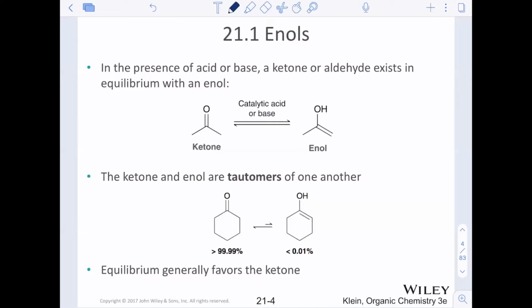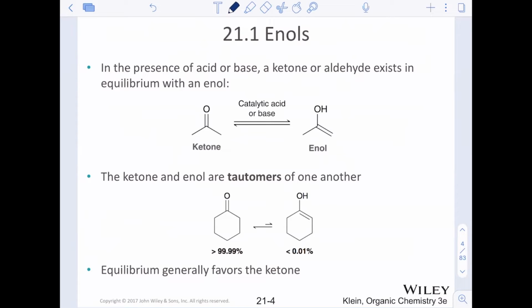So in the presence of an acid or base, a ketone or an aldehyde can exist in equilibrium with its enol form, right? We remember that they were tautomers. Yes, generally the ketone, the carbon-oxygen double bond, is more favorable than the carbon-carbon double bond, which is why we always tautomerized to our final product last semester to the carbon-oxygen double bond.